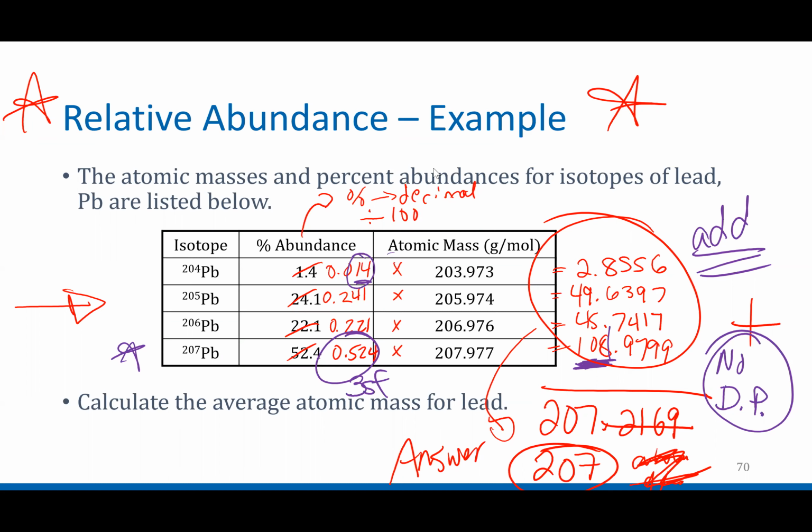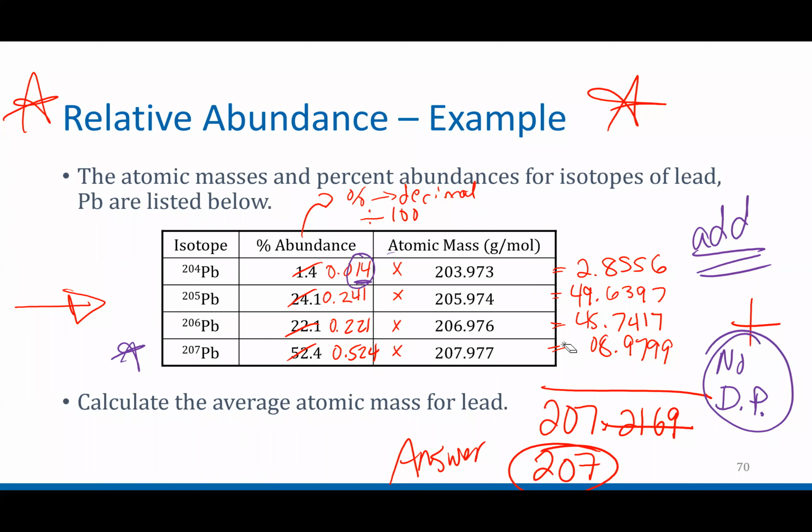Aman in the chat asked, why is there no decimal places in my answer? And very quickly, I can explain. If you look at the significant figures, I'm using purple. Sorry, that should be 1. So this number I'm circling on the table on the left, this has 3 significant figures.